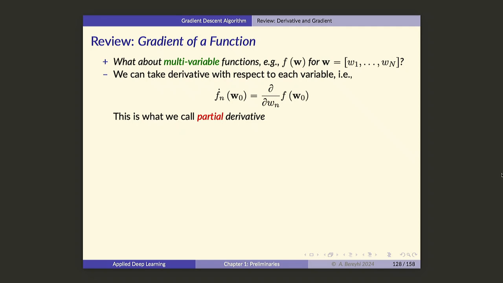So first of all, let me just define the partial derivative. The partial derivative of a function is the derivative of this function with respect to the nth parameter here. Okay? And then many people show it like this: the partial of f divided by the partial of that particular variable. So let me just do it here once. We do another quiz together.